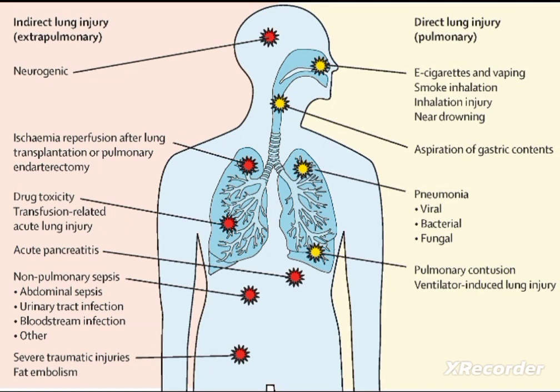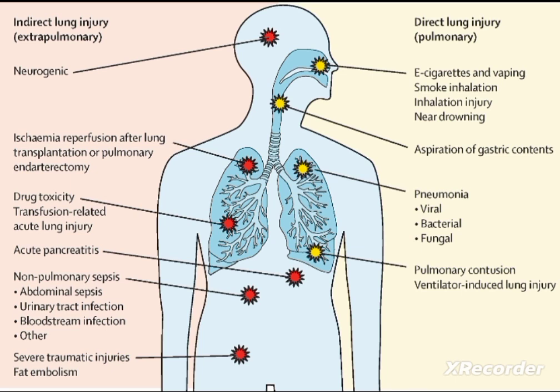The etiology of ARDS includes direct lung injury and indirect lung injury. Indirect lung injury means extrapulmonary injury that may lead to injury to the lung. So let's see the causes of indirect lung injury. First one, neurogenic causes. Next, ischemia, reperfusion after lung transplantation or pulmonary endarterectomy.